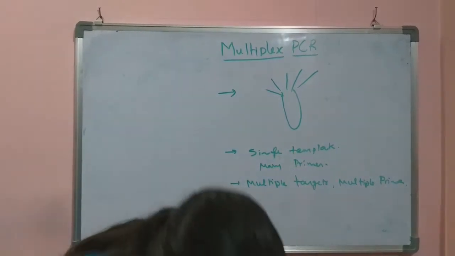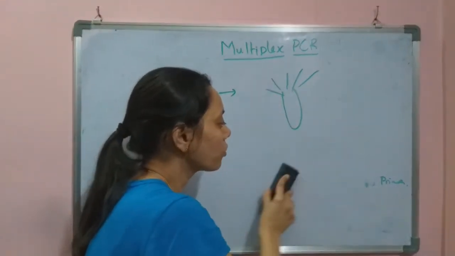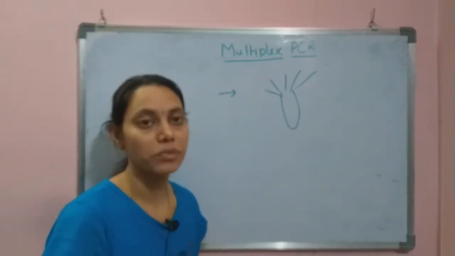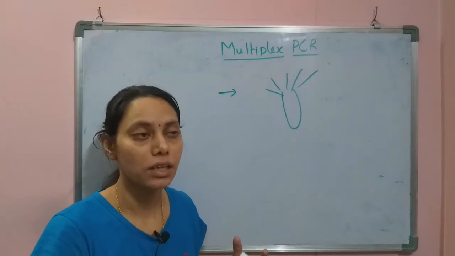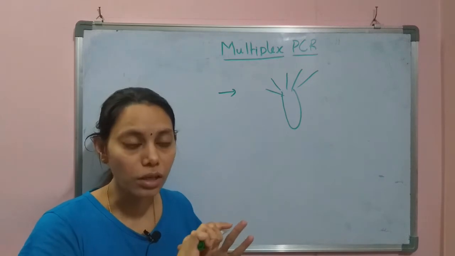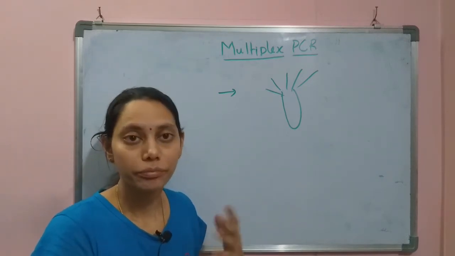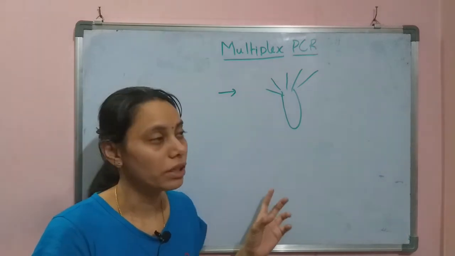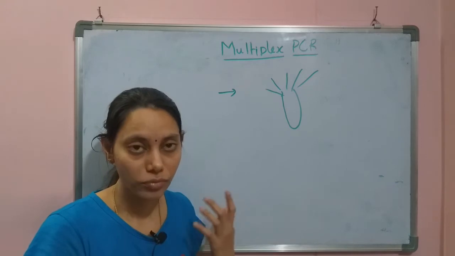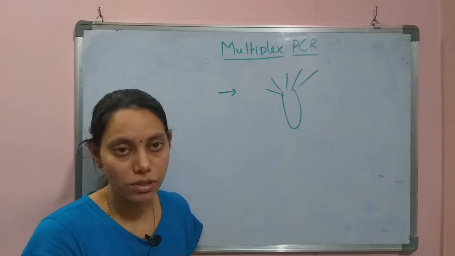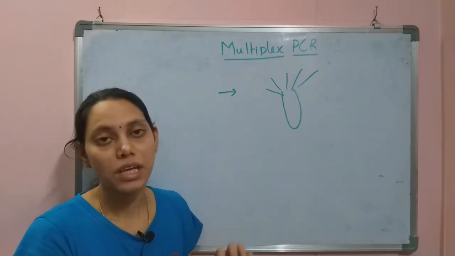So the question is, how do we perform that? The PCR steps are the same: denaturation, followed by annealing, followed by extension. All three steps are common. The only variation is the number of primer sets and the number of target sequences that we add into the reaction mixture.